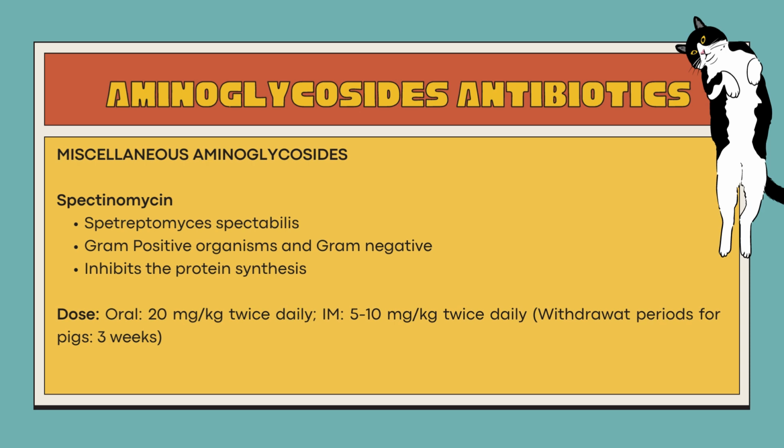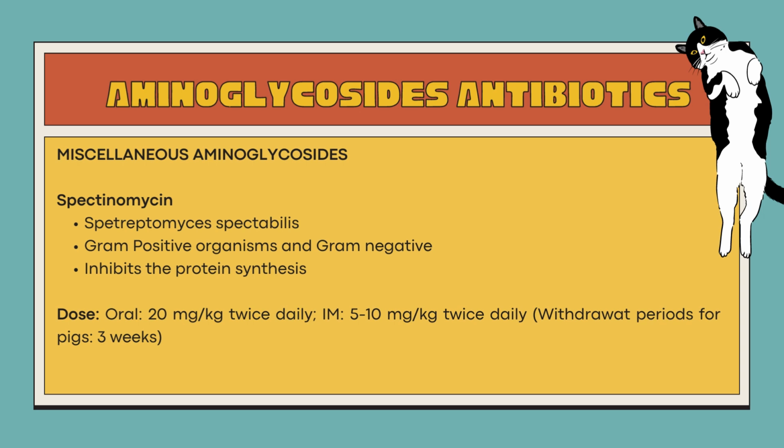It inhibits protein synthesis in these organisms by binding with 30S ribosomes and produces a bacteriostatic rather than bactericidal effect. It is poorly absorbed from the GI tract but rapidly absorbed after intramuscular administration. The antibiotic is mainly used in the treatment of CRD and fowl cholera in poultry, colibacillosis in pigs and poultry, and E. coli mastitis in cows.